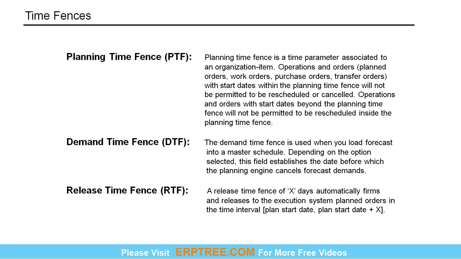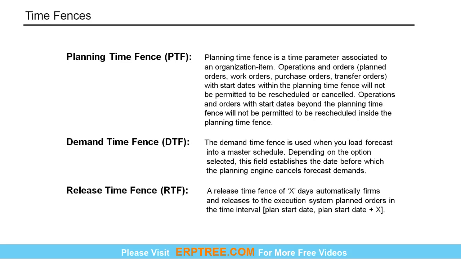So the demand time fence is again the time fence within which you cannot create a forecast of a particular item, because the business knows that within that time fence the forecast is not honored.